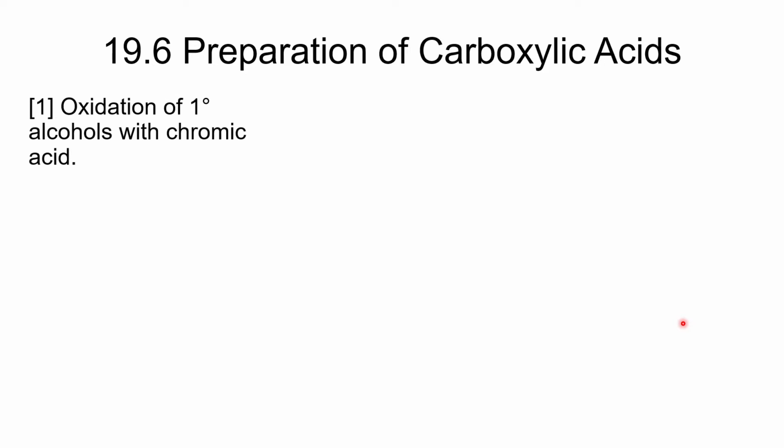Let's go through it. So this is something we saw back in chapter 12. If we take a primary alcohol and oxidize it with chromic acid, we can get a carboxylic acid. And it can be either the chromium 6 oxide, it can be potassium dichromate, sodium dichromate, sulfuric acid, and water are added to those, and we will get a carboxylic acid.